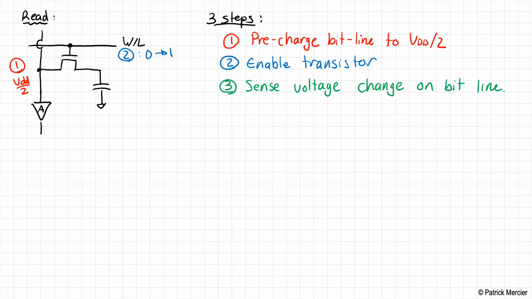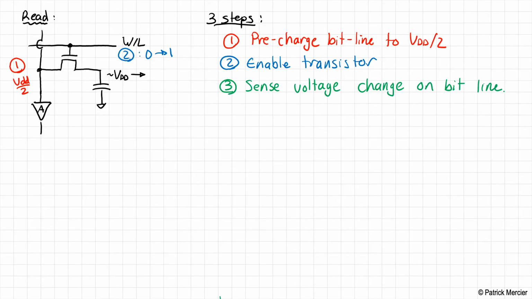Let's try and understand what's happening here. This voltage here was approximately VDD. We've pre-charged the bit line to VDD over 2, and then we turned the transistor on. That bit line is pre-charged, and then it's just floating there.